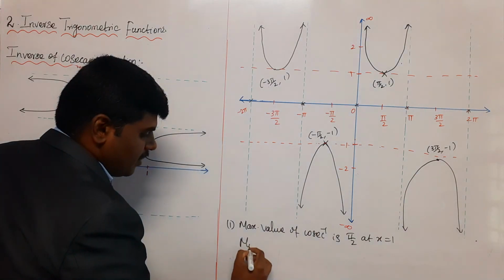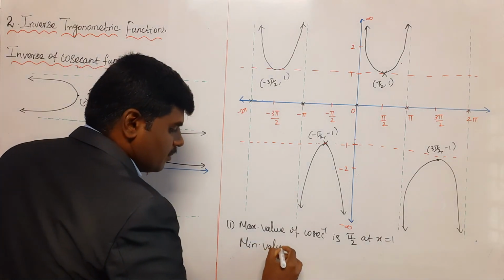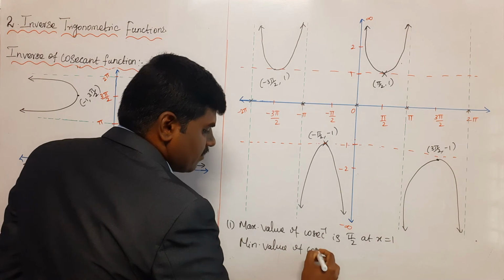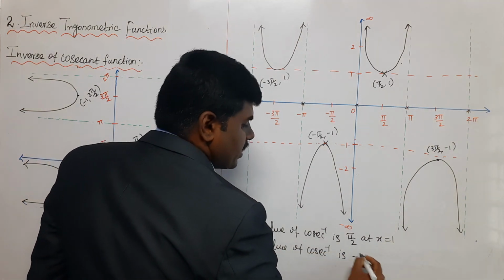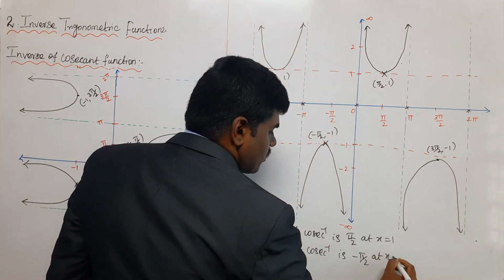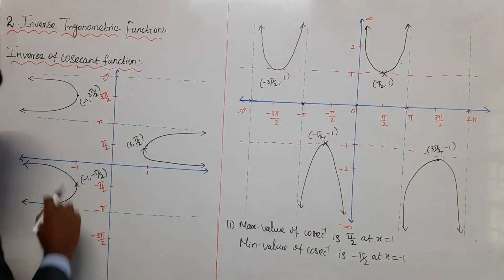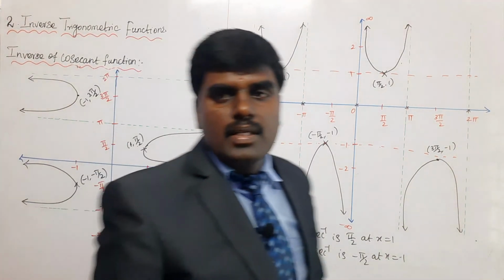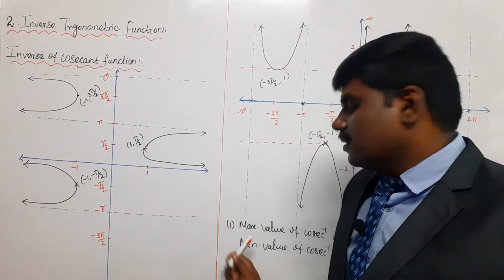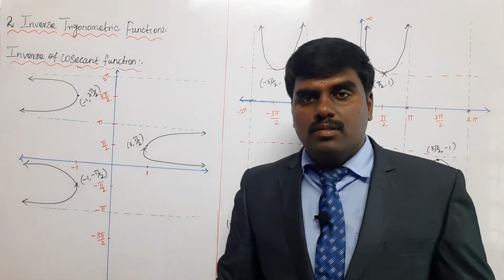The minimum value of cosecant inverse is minus pi by 2 at the point x equal to minus 1. This is the principal value, with the maximum and the minimum value. These are three important conclusion points.